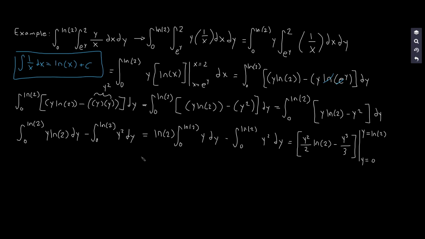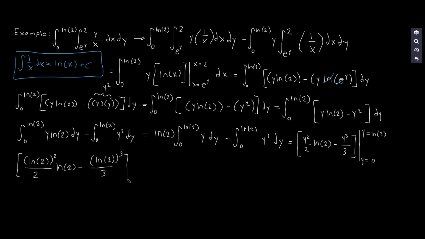And, well, we're just going to plug in for y. Well, that's going to be the natural logarithm of 2 squared over 2 times the natural logarithm of 2 minus the natural logarithm of 2 cubed over 3.